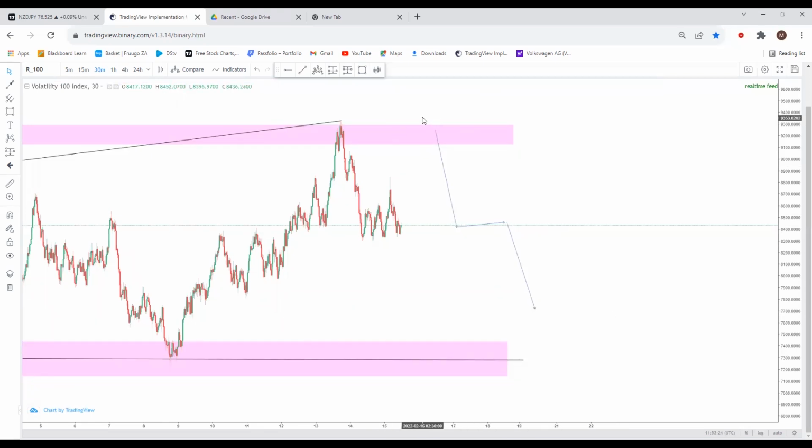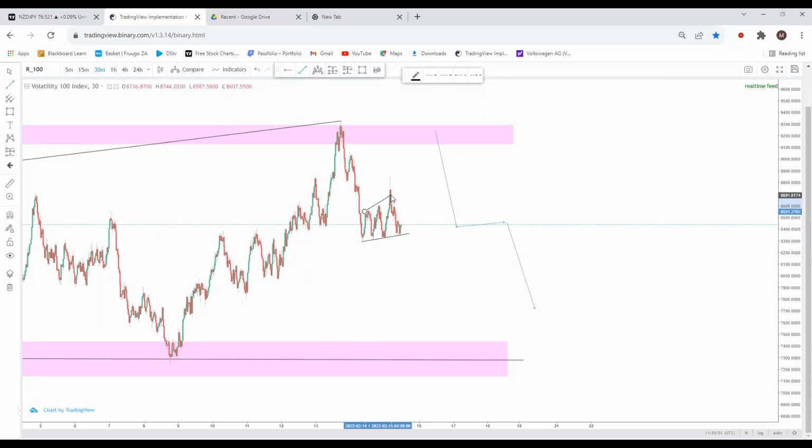So it's a short-term downtrend to these areas, and we are drawing our structure of the correction.